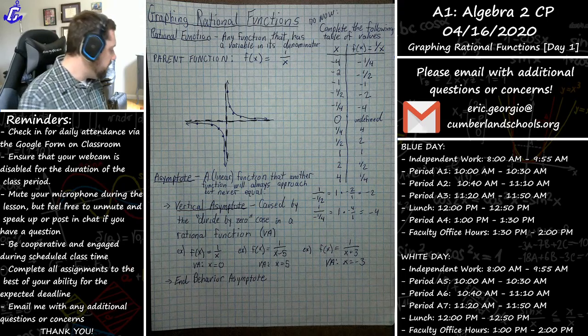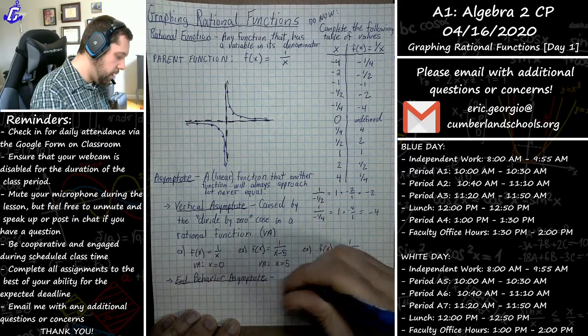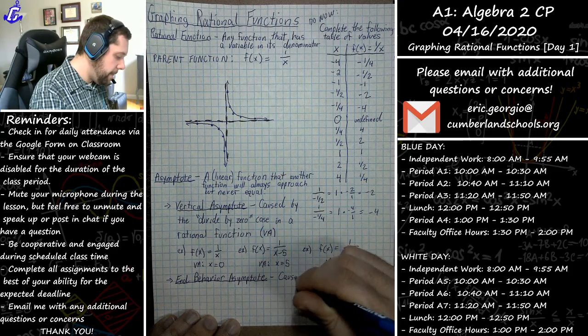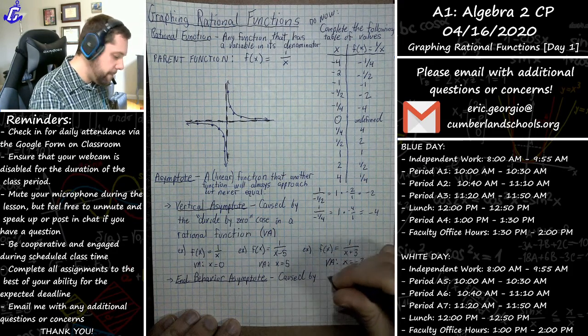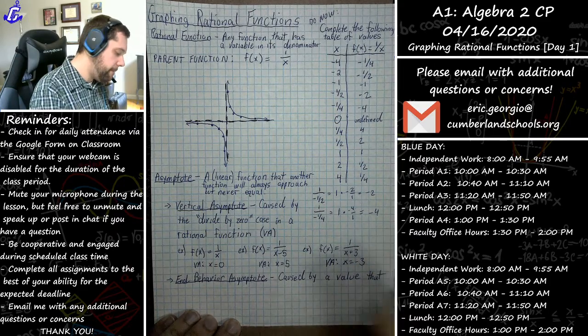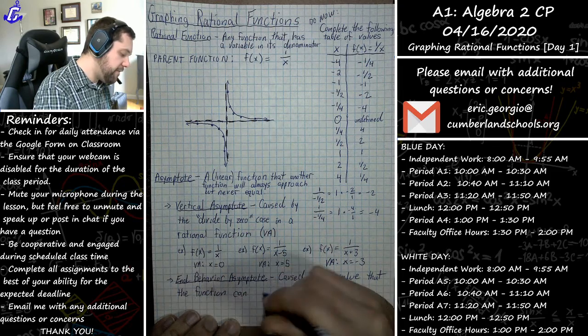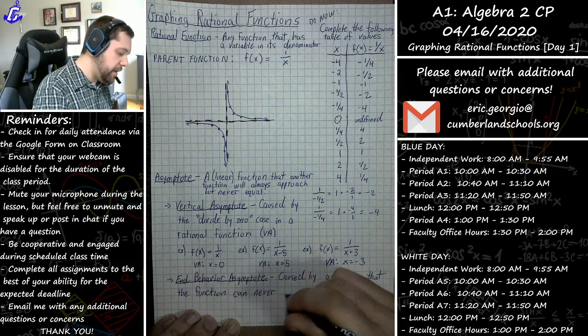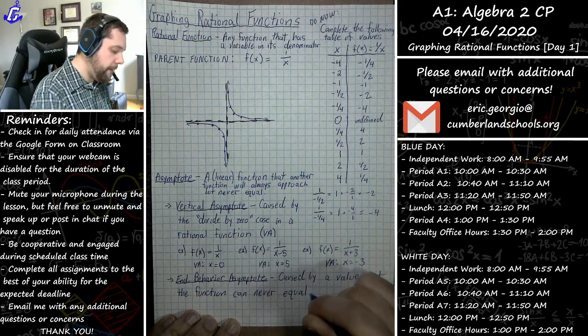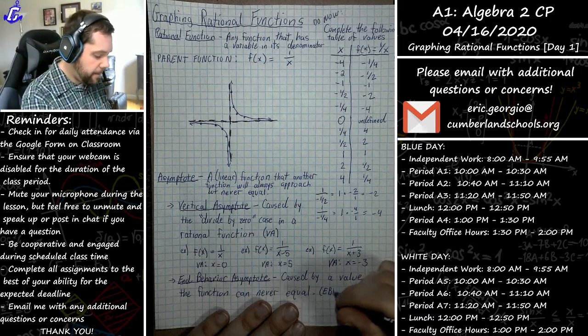Okay? So the end behavior asymptote is caused by a value that the function can never equal. Okay? Just like how you saw here, and again, this can be abbreviated as EBA.